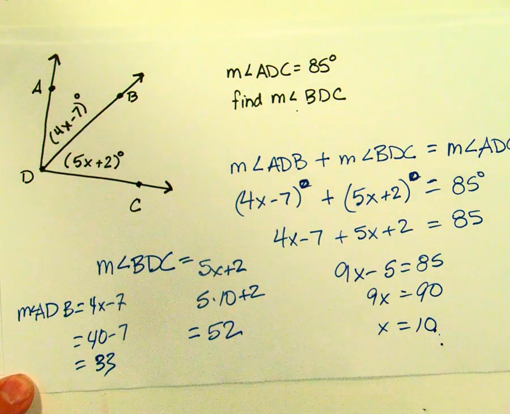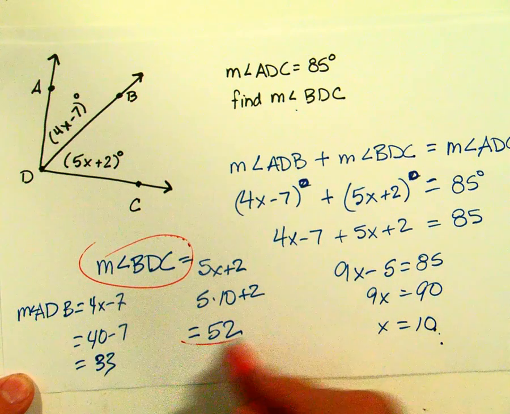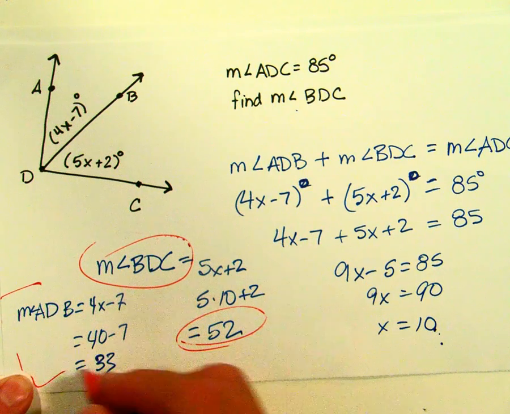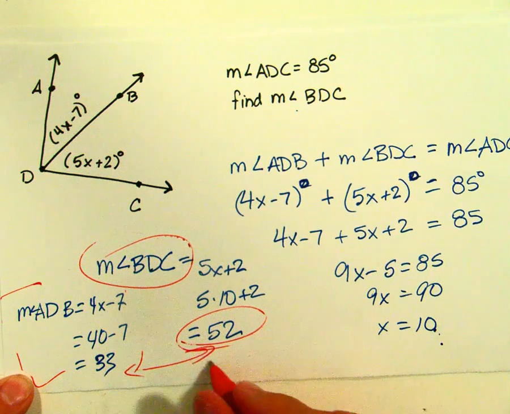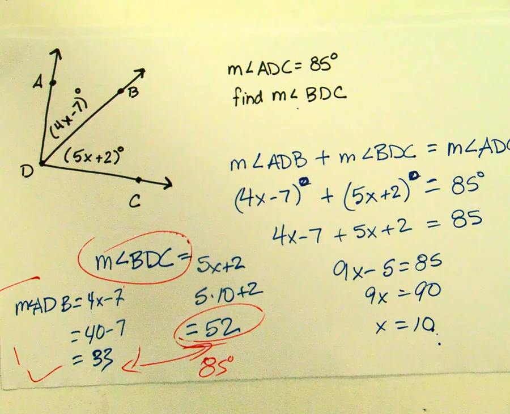The answer I'm looking for is that BDC is equal to 52, but to make sure it was right, I went ahead and did the other angle, and when I add those together, I do in fact get 85. So I got it right. It's nice to get something right every so often.